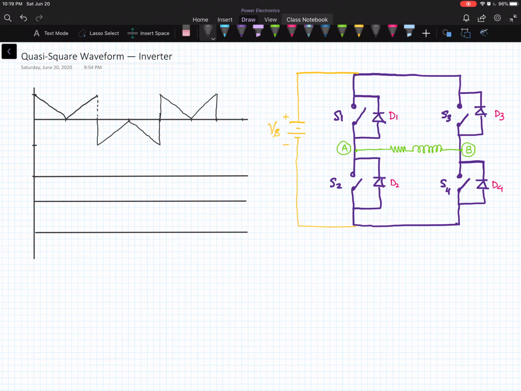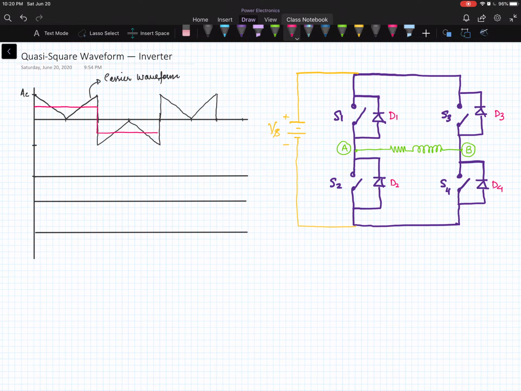Let's assume that the magnitude of this triangular waveform is AC, and this waveform is called the carrier waveform or carrier signal. We compare this carrier signal with a rectangular waveform.